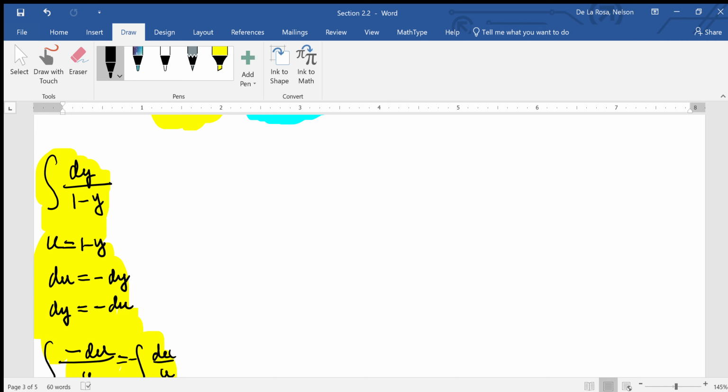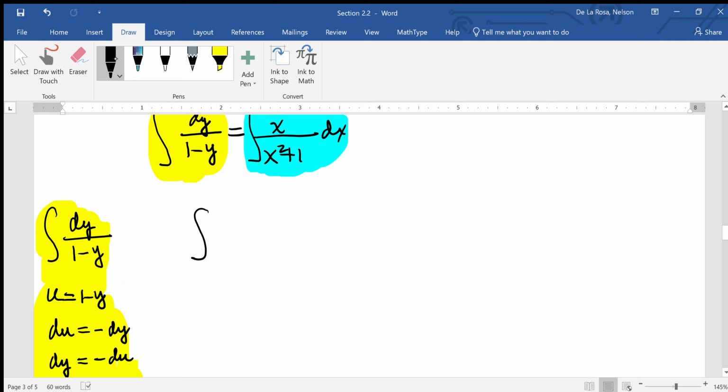Let's now do the blue. The integral of x divided by x squared plus 1 dx. Here we can apply substitution again. We may say that u is x squared plus 1.